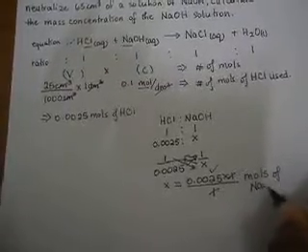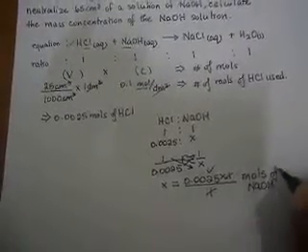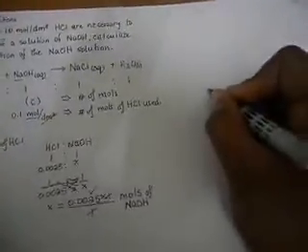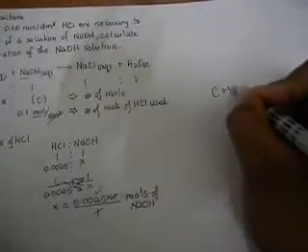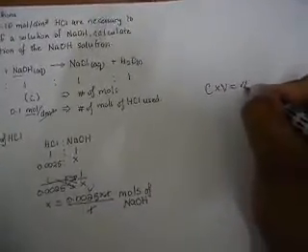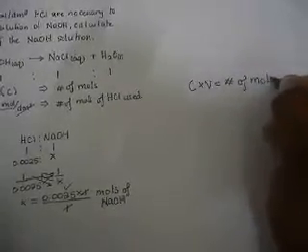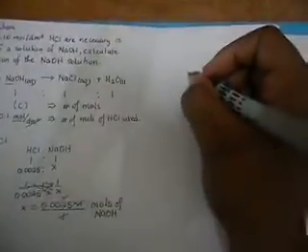So now that we have the number of moles of NaOH in 65 centimeters cubed, we use the same equation that we used a while ago, where concentration times volume is equal to number of moles.